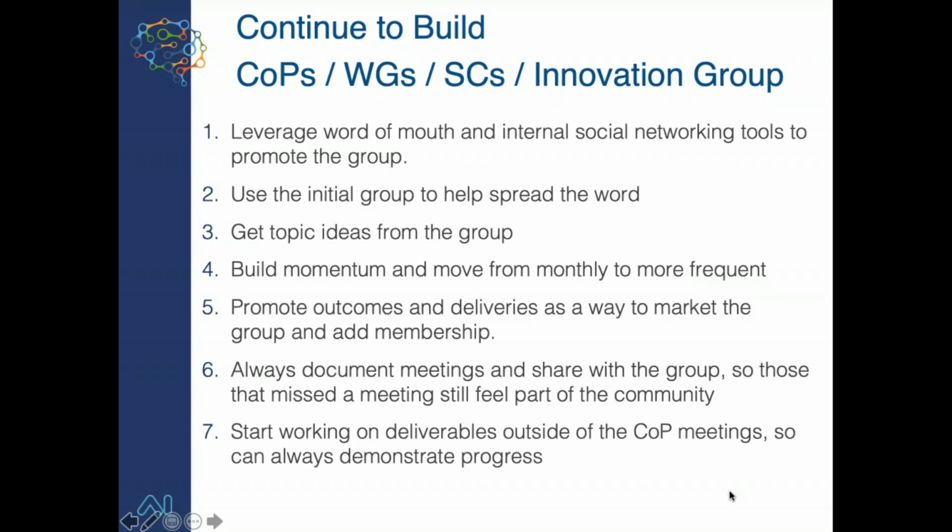Nominate people to help drive some of those objectives and deliverables, and see that as extra work that needs to be done ahead of the next community of practice, because it's always really powerful to show the rest of the community that you're making progress from meeting to meeting. These are all the things that really help to build the community, sustain it, and get people enthusiastic and motivated to participate and get involved.